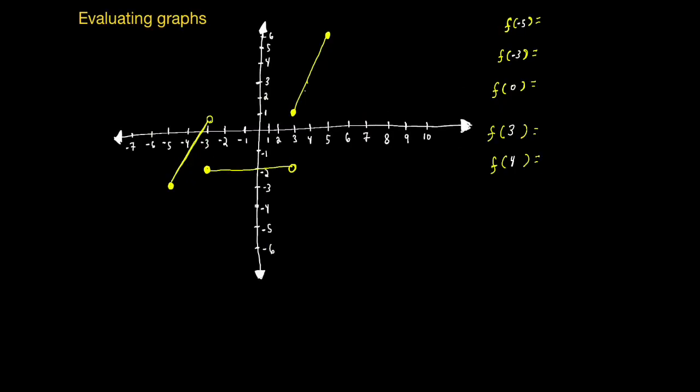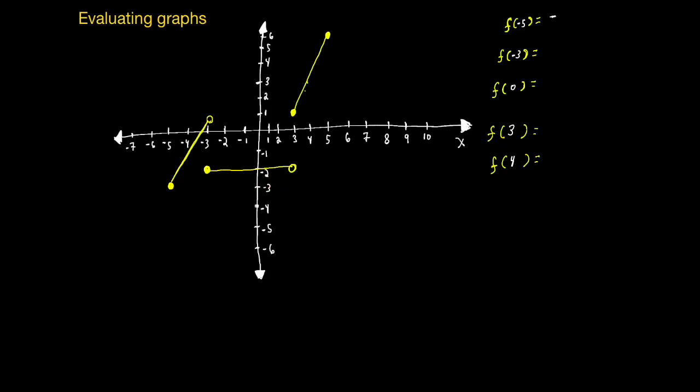So in this scenario, we have 3 pieces, but the same principles apply. So let's look at -5 first. So let's label our x-axis and look for -5. -5 is right here, and the y value that corresponds to this x value is going to be -3 here.